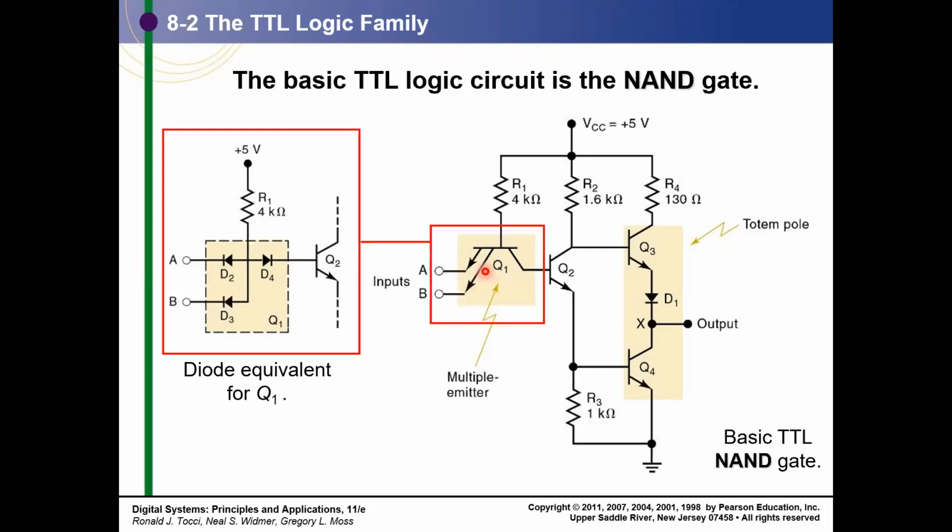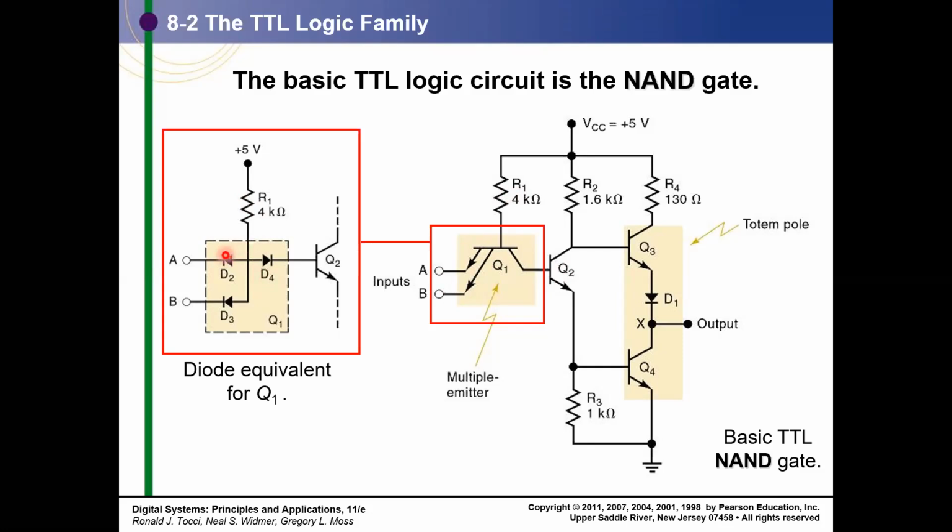And if you see what the equivalent circuit over here is, this resistance is the same, this Q2 is the Q2. Only this transistor, if we expand, is something equivalent to our diode logic, which we had done earlier.